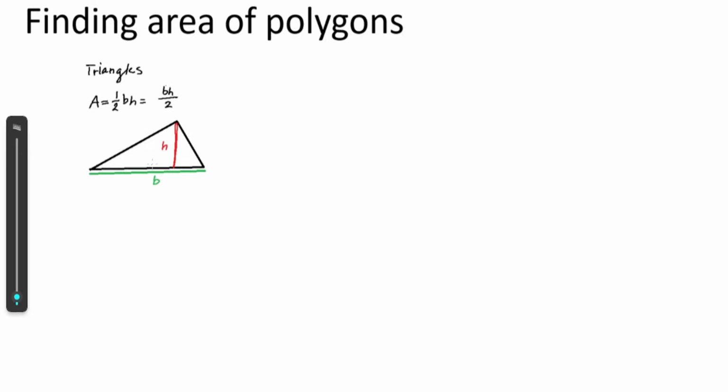So essentially what this formula says is it's 1/2 multiplied by the base, B, multiplied by the height. This is the formula. And I can rewrite that for those that are still a bit confused. It's okay. Base times height divided by 2.